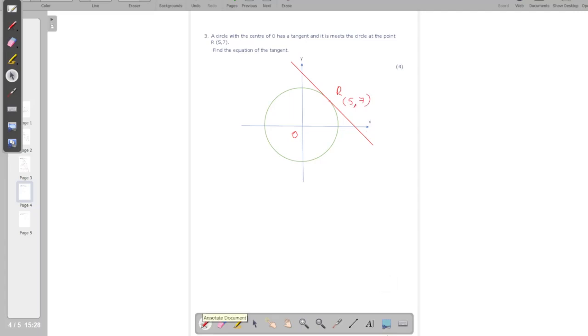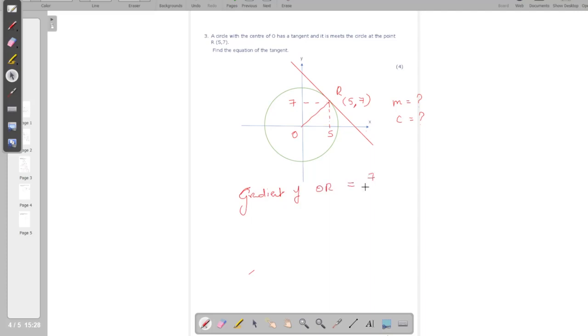To find the equation of the tangent, we need to find the gradient of this. We need to find the y-intercept as well. So to do that, we have to do the same thing. This is 5. This is 7. That's the radius. We can find the gradient of OR, which is the radius.